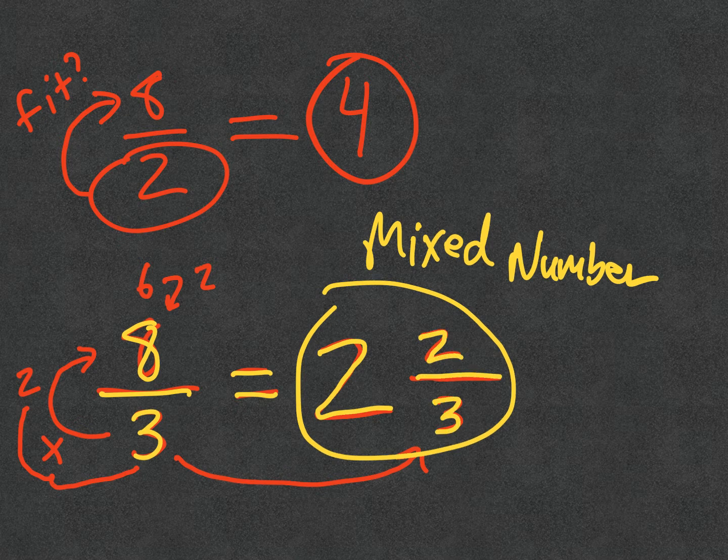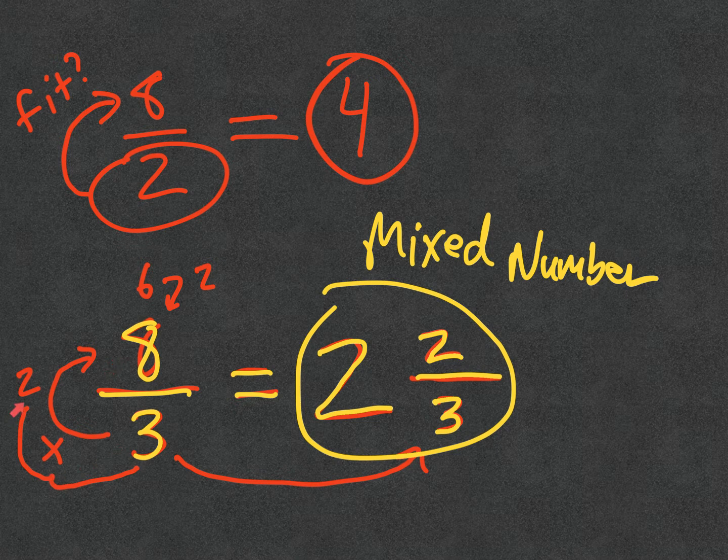Okay? So just to quickly summarize, we ask ourselves, how many times does 3 fit into 8? And when I say fit into, I mean, what can we multiply this 3 by to get to 8 or something less than 8? And that's going to be 2. Because if we multiply by 3, it would be larger than 8, and we don't want that.